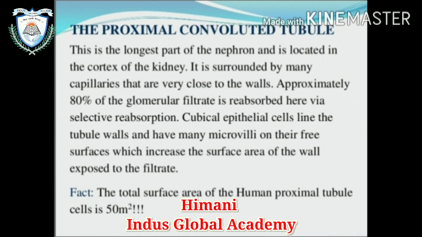Cubical epithelial cells line the tubule wall and have many microvilli on their free surface, which increase the surface area of the wall exposed to filtrate. And the fact is that the total surface area of the human PCT is 50 meter square.